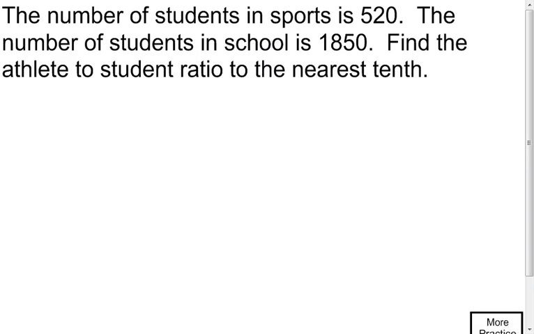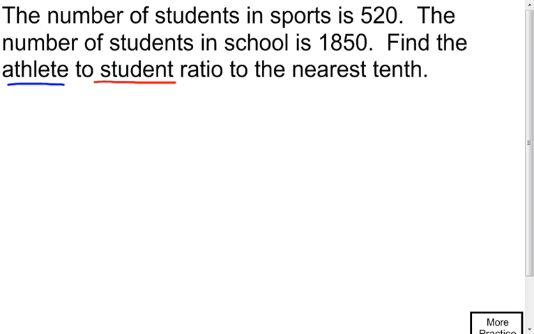Now here I have an example of students in a school, and what this one tells us is we have 520 students that are in sports. The number of students in the school is 1,850, and we want to find the athlete to student ratio to the nearest tenth. Notice it says athlete to student.